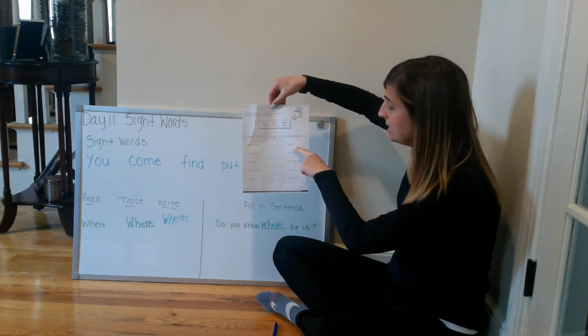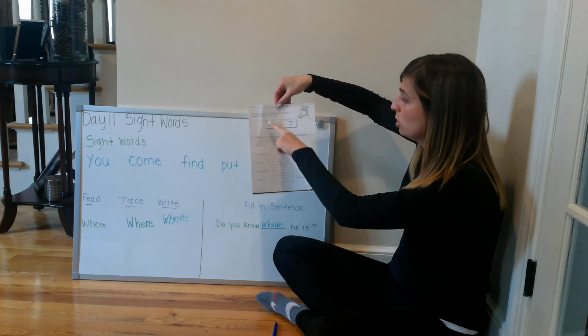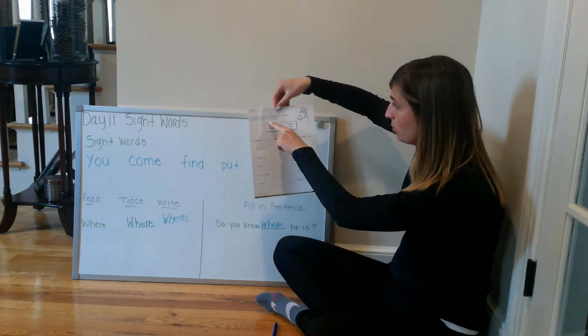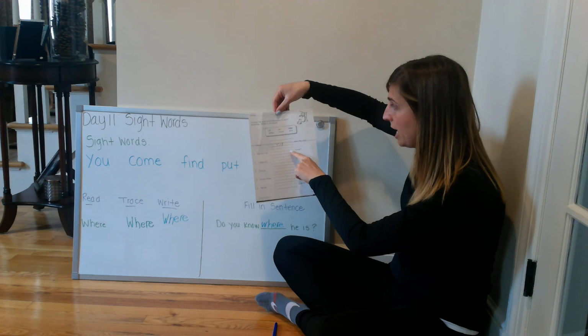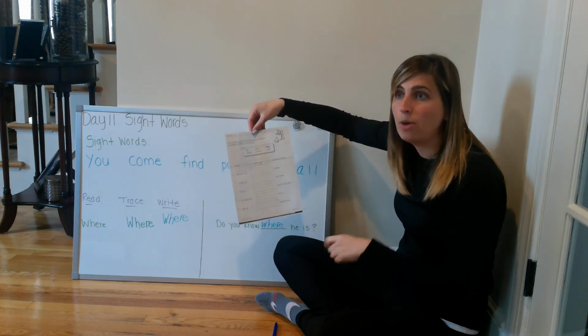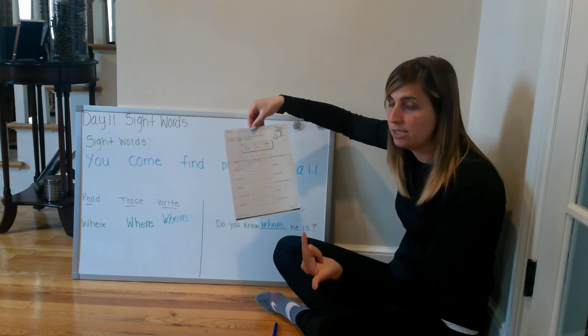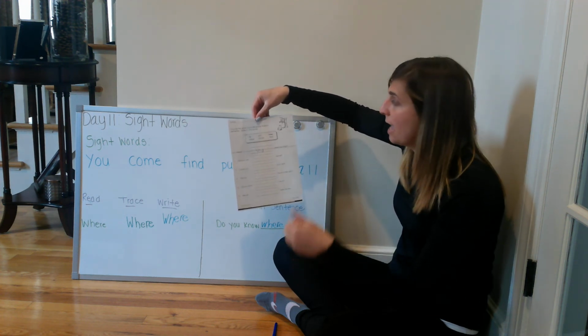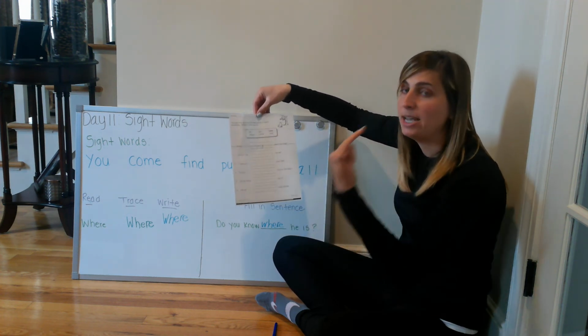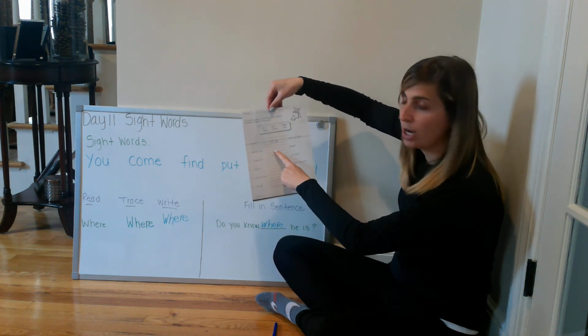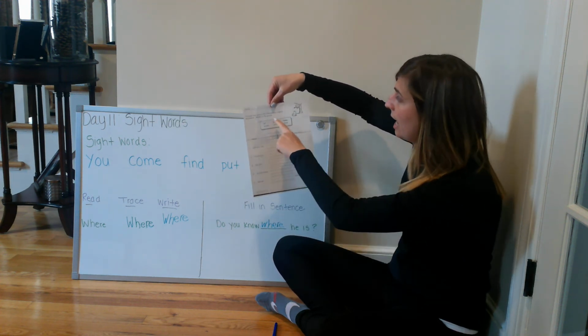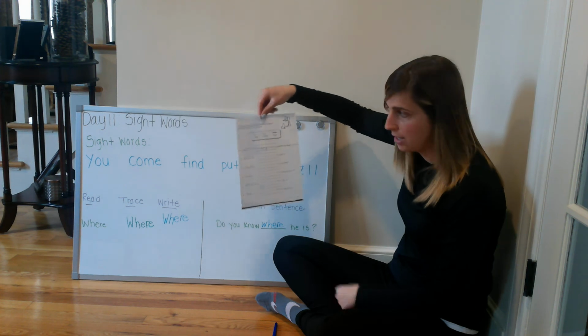You'll read the sentence as is. You'll start finding different sight words to put in the blank, and you're going to see which sight word makes sense and which sight word makes a complete sentence. When you find the sight word that makes sense in the sentence and makes a complete sentence, you'll write that sight word on the dotted line and then cross it off in your word bank.